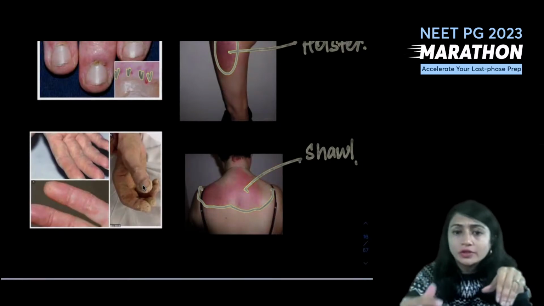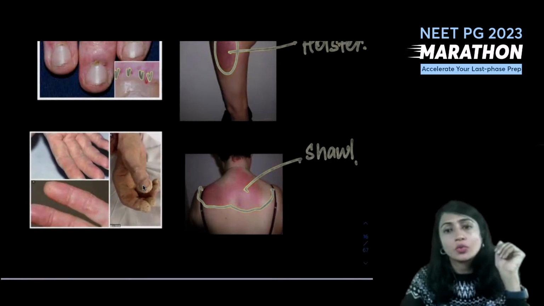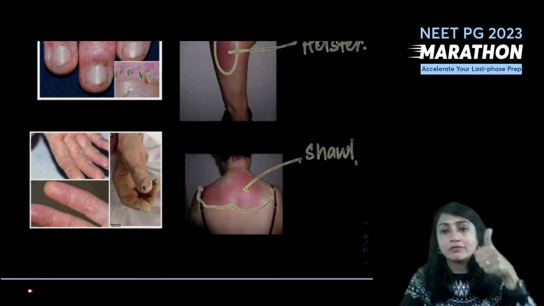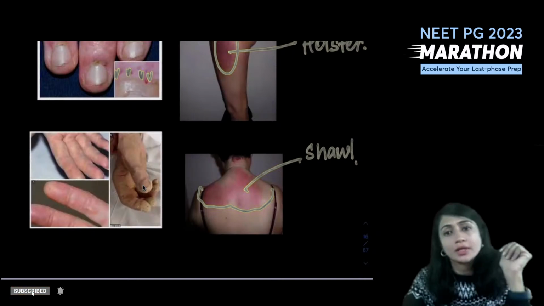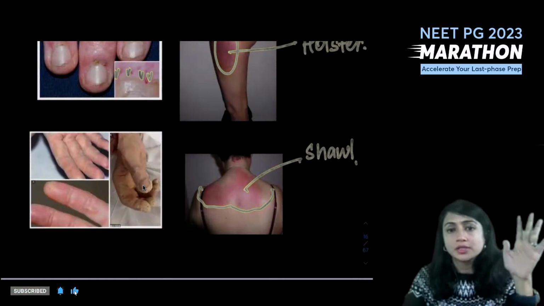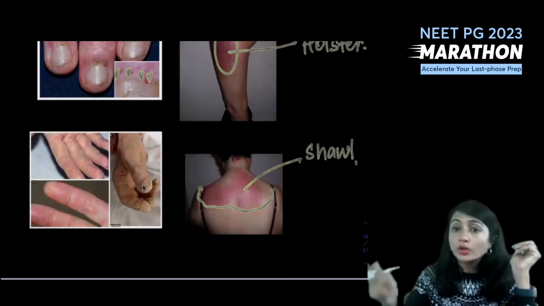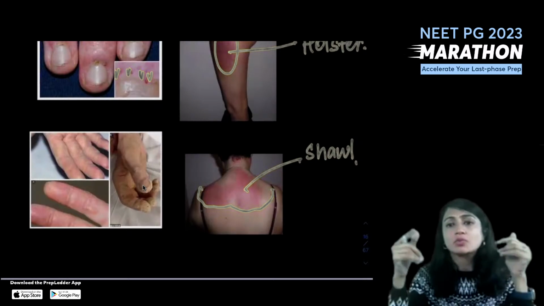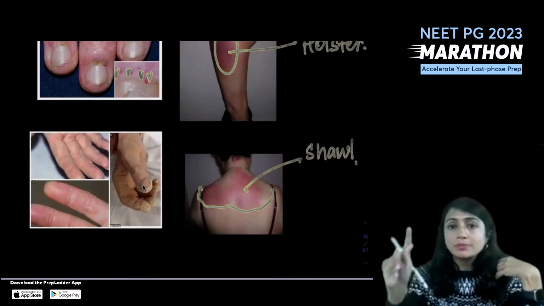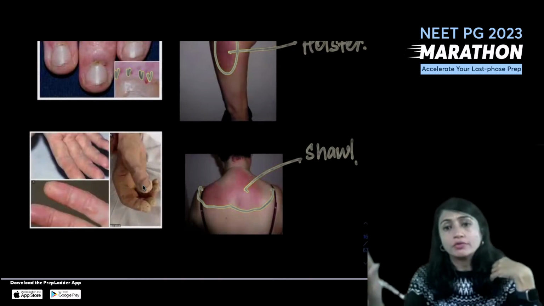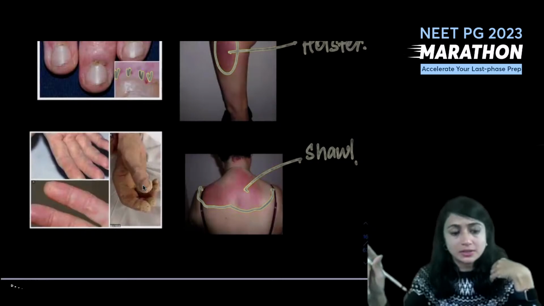They can give you any of these things and ask what it is seen in. Most commonly, they give you heliotrope rash, shawl sign, Gottron's papules, and Gottron's sign. So all this is a feature of dermatomyositis. Or they can give you a child presenting with skin lesions and proximal muscle weakness. Proximal muscle weakness is again a feature of dermatomyositis.